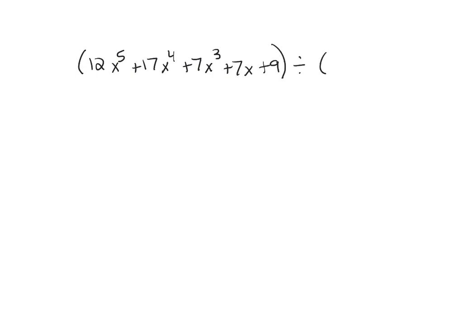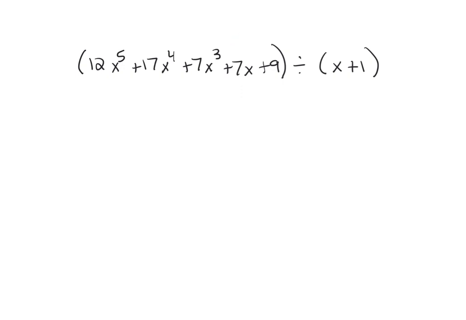Okay, let's do another example. So 12x to the fifth plus 17x to the fourth plus 7x to the third plus 7x plus 9, and we're dividing by x plus 1. Let's check for missing terms. 5, 4, 3, wow, there it is.